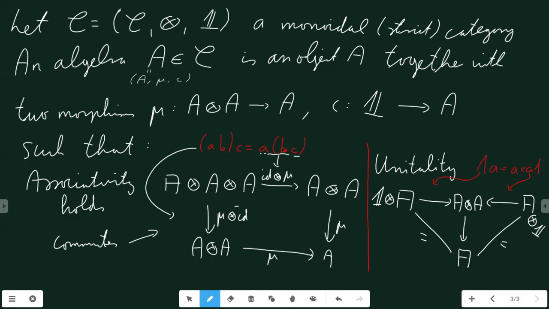Of course, trivial object times A is just A. And what I could do here is I could first apply iota and then identity, and then I multiply, right? That's exactly what's going on here. Or I could do the other way around. I can first use iota.